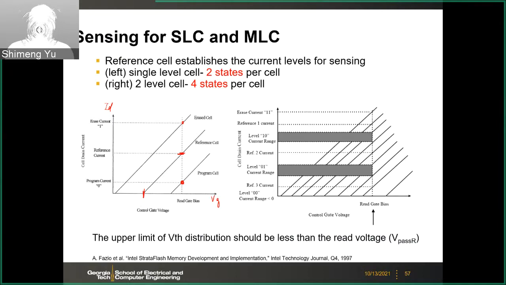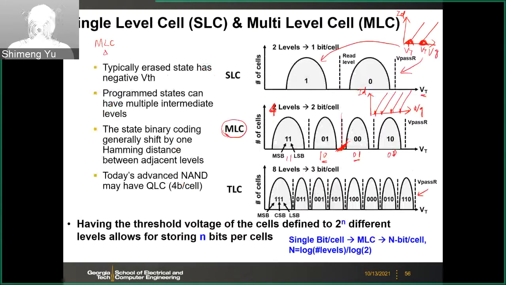After that, you can do the encoding following the mapping here. You have to change from the decimal values, 0, 1, 2, 3 level, to this encoded binary format. So there are some digital circuits you need to do the encoding.